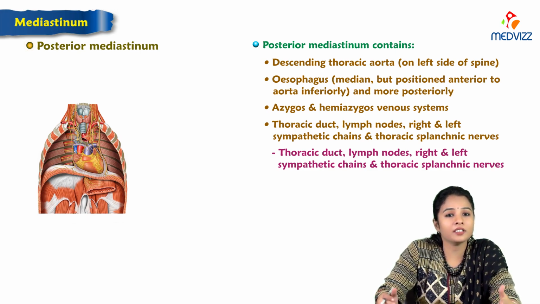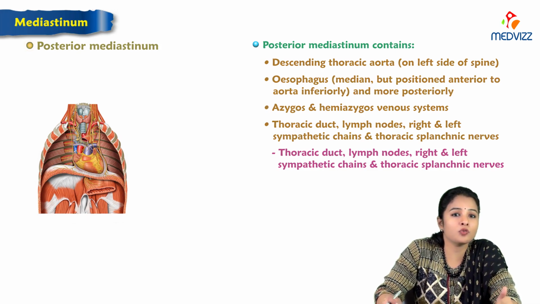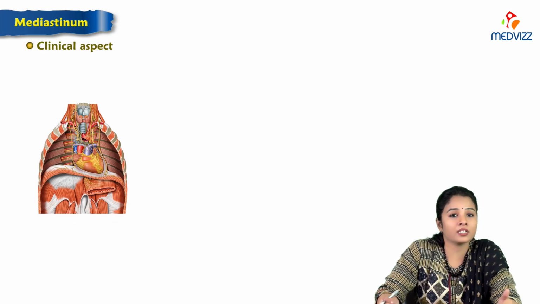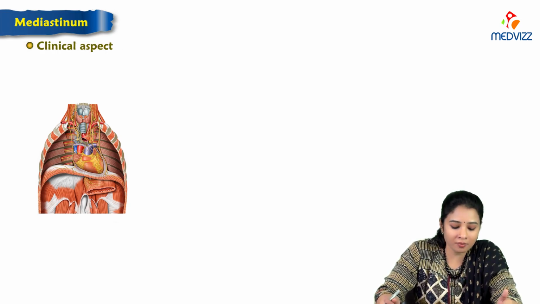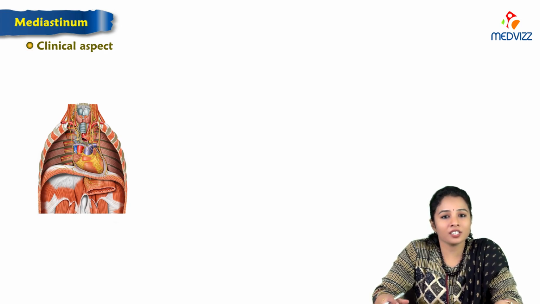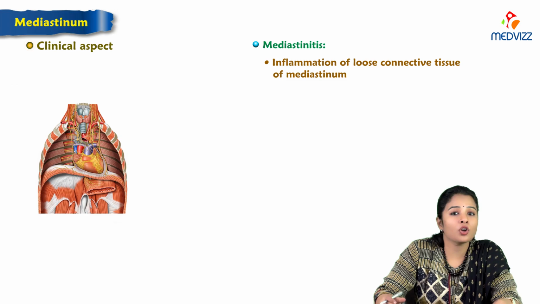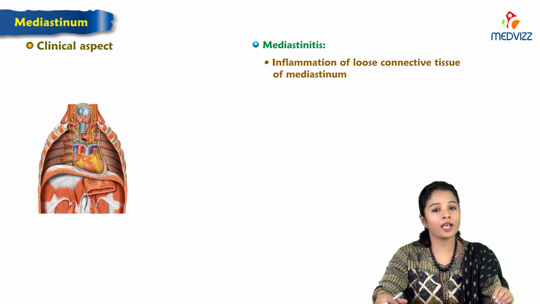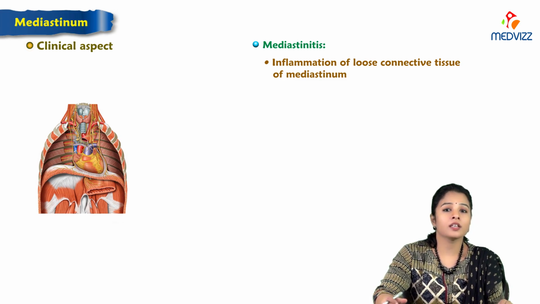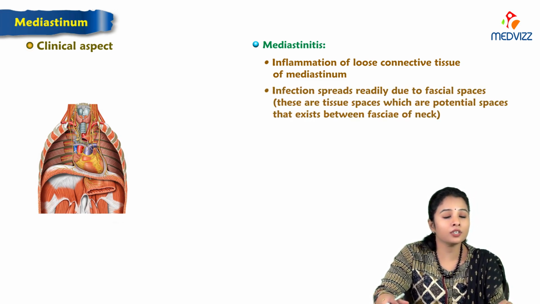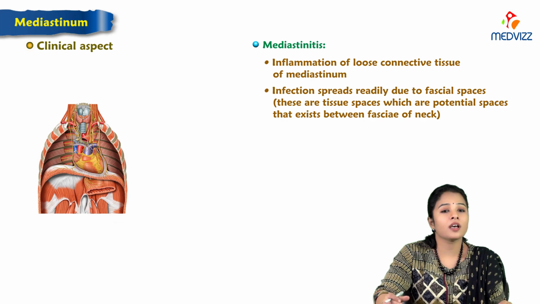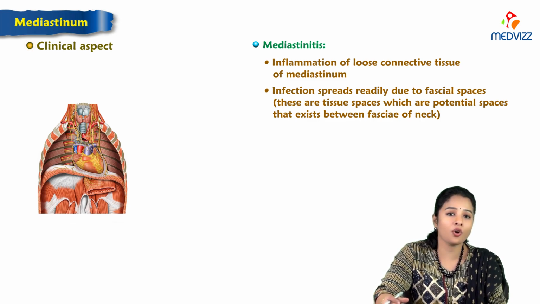So after completing the divisions of mediastinum, we will move on to clinical aspects associated with mediastinum. The first and foremost condition is mediastinitis, that is the inflammation of loose connective tissue of the mediastinum. The infection spreads readily to the fascial spaces, which are potential spaces that exist between the fascia of the neck.